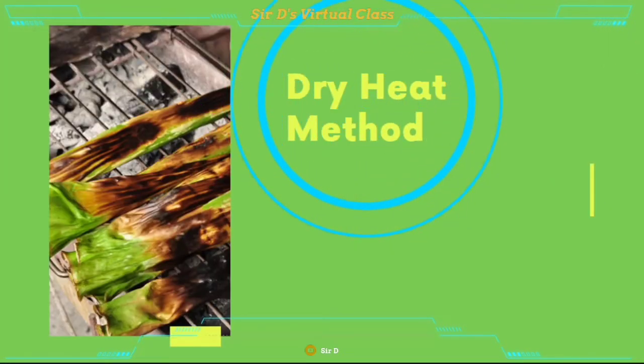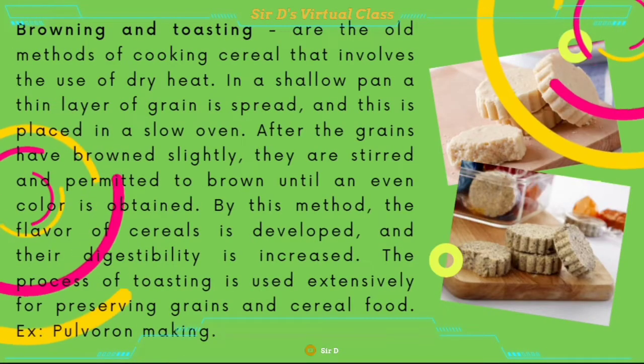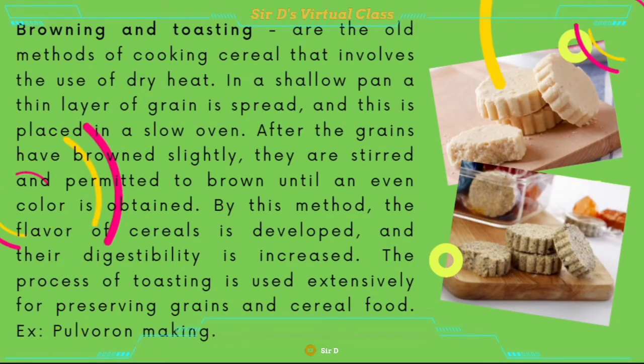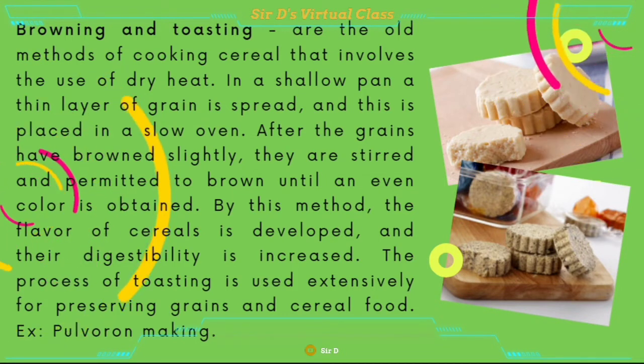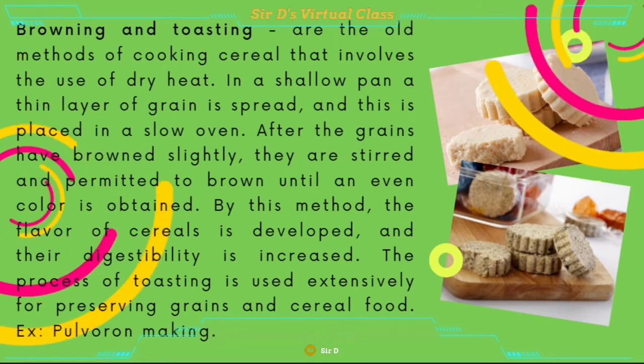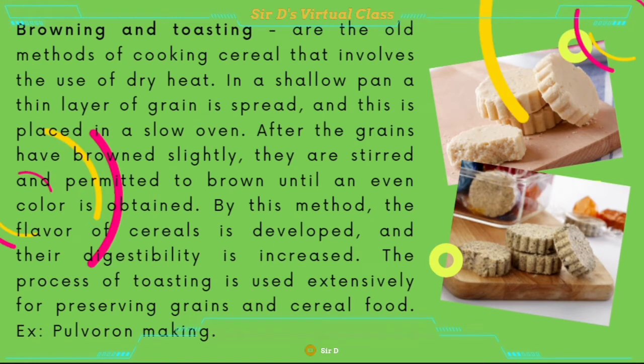Up next, you have the dry heat method. Browning and toasting are the old methods of cooking cereal that involve the use of dry heat. In a shallow pan, a thin layer of grain is spread, and this is placed in a slow oven.